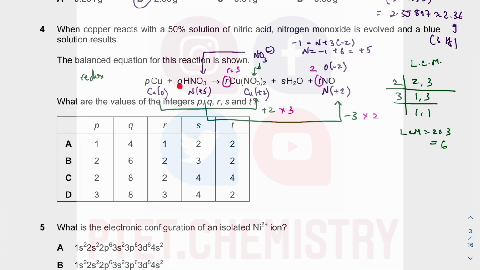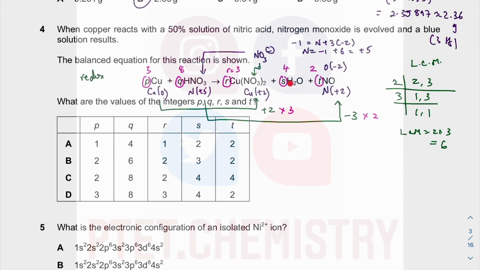You might think this is 6, but that is actually incorrect because the nitrate doesn't undergo redox in forming this nitrate, but some of the nitrogen actually forms this. So altogether you have 3 times 2, which is 6 nitrogen, plus 2 nitrogen, you have 8 nitrogen. You have 3 copper and no other copper, so you have 3 copper there. And of course now you have 8 hydrogen, so you will have 4 H2O.